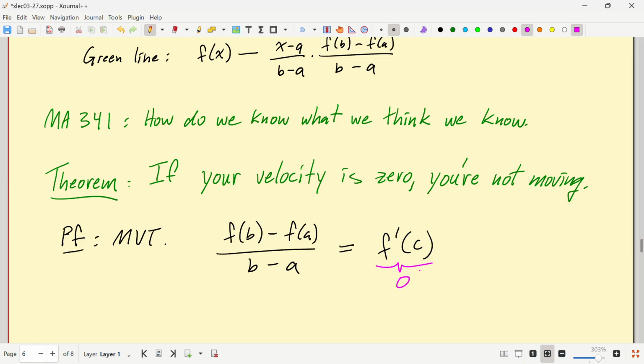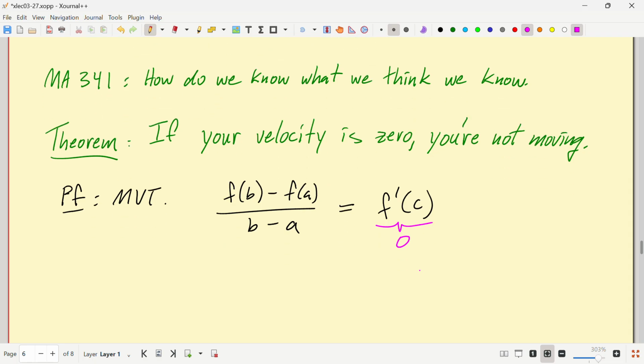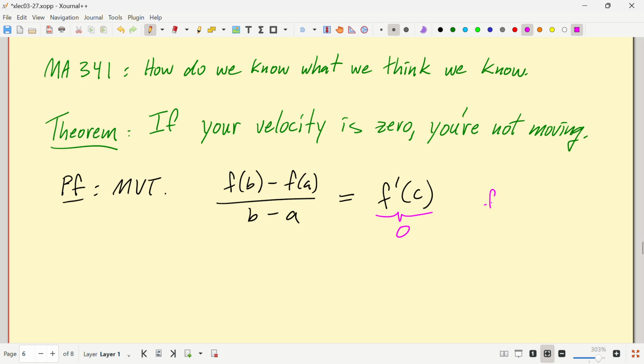And so that shows you that f of b would be equal to f of a. That means you're not going anywhere. And you can do that on any interval. So that's how you know what you think you know.